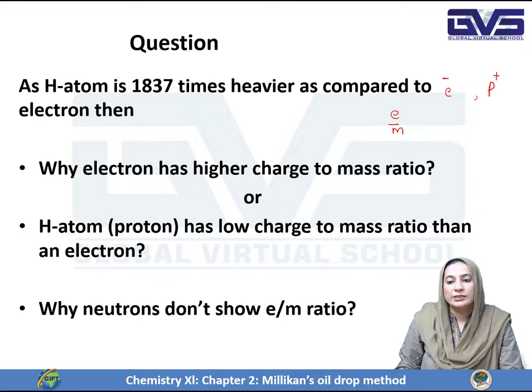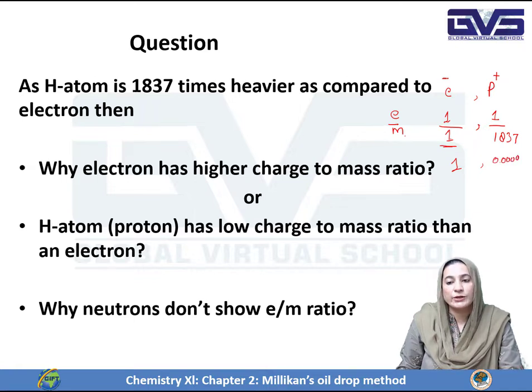We consider the electron's charge is 1, negative, and the proton's charge is 1, positive. And we determined the proton is 1837 times heavier than the electron. If we consider the electron's mass is 1, the proton's is 1837. So the answer for the electron will be 1, but the answer for the proton will be about 0.0005.